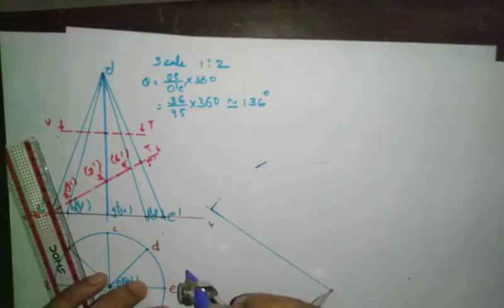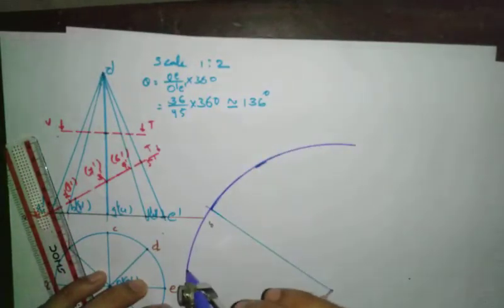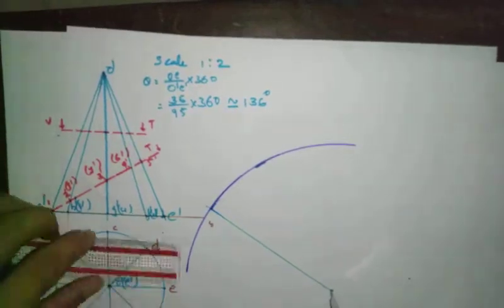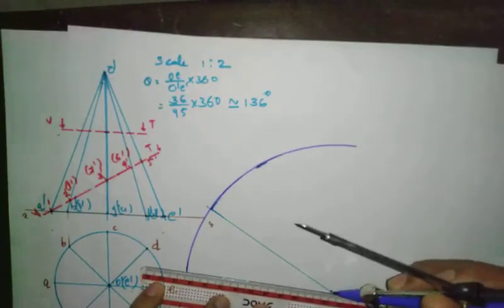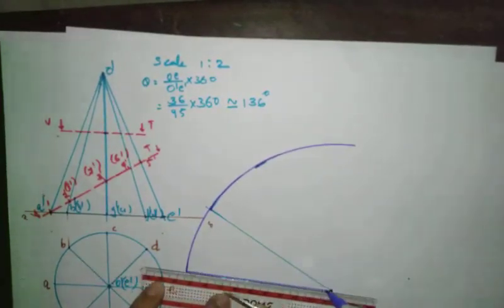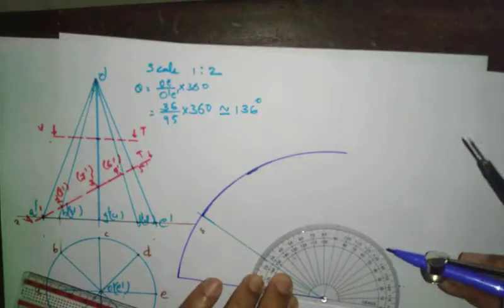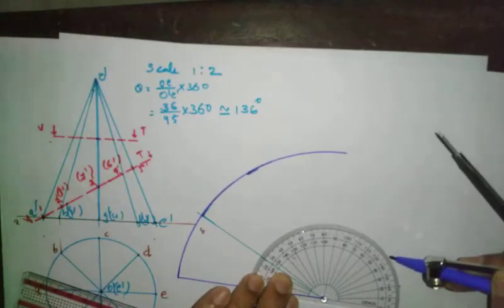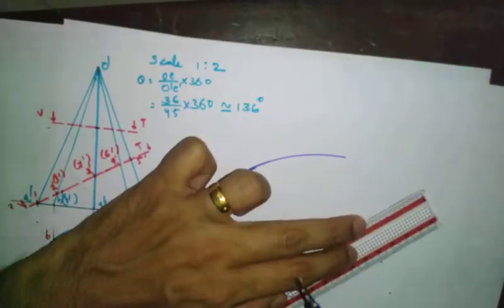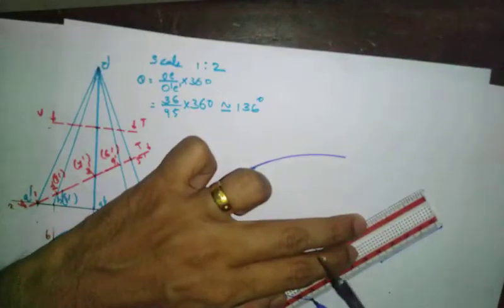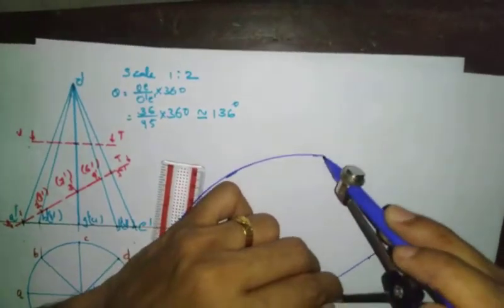So I think I have to change this point. From here, I need to mark 136 degrees. Now complete the development.